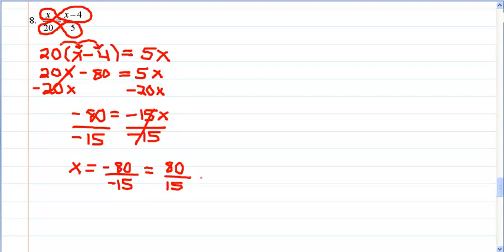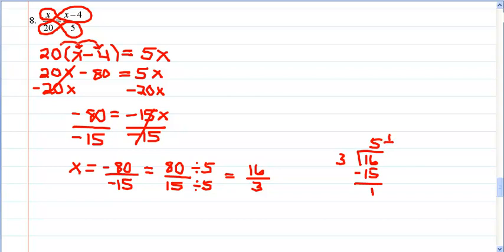To simplify this fraction, since both numbers are divisible by 5, the 80 ends in a 0 and the 15 ends in a 5, so I know that 5 will work. I divide both numbers by 5 to get 16 over 3. So if I change this into a mixed number, I have 5 and 1/3, so x is equal to 5 and 1/3.